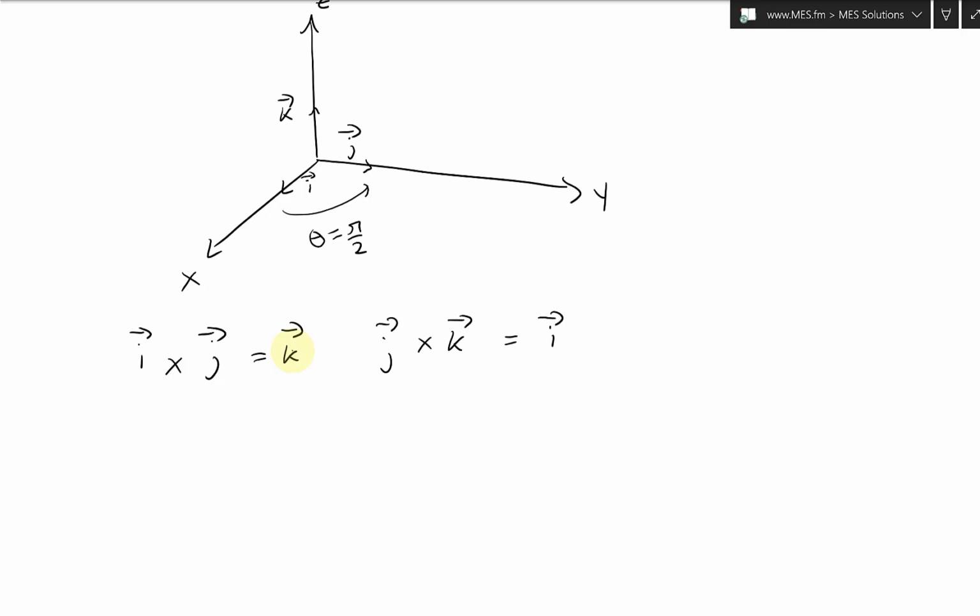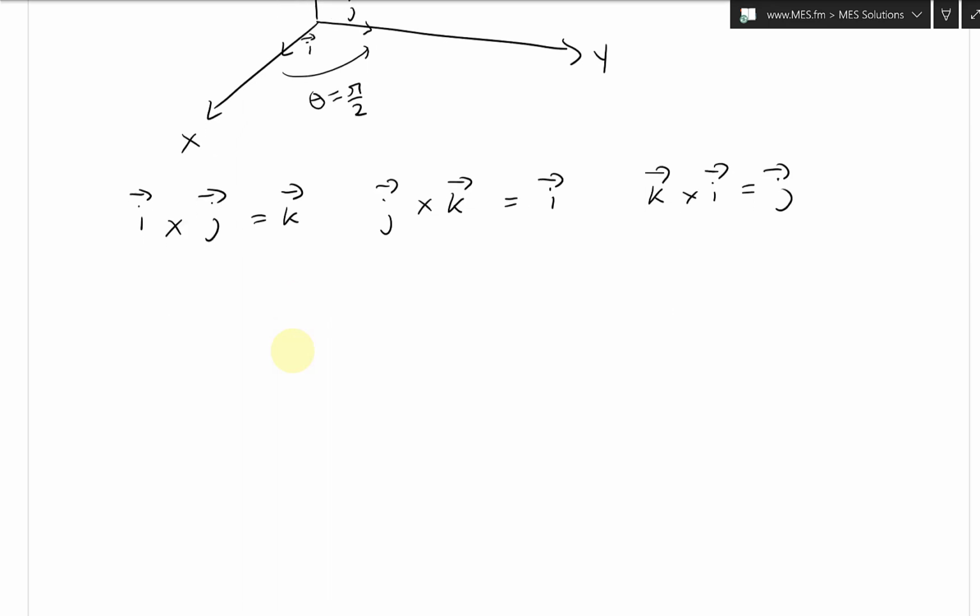Now the next one is k cross i, and using the right hand rule it's going to be pointing to j. So k cross i equals j. You can use a cross product with the actual unit terms, like 1, 0, 0, and 0, 1, 0, and 0, 0, 1, and you'll get the same thing.